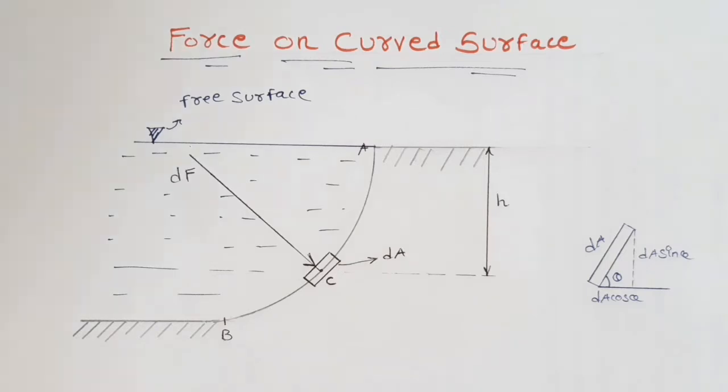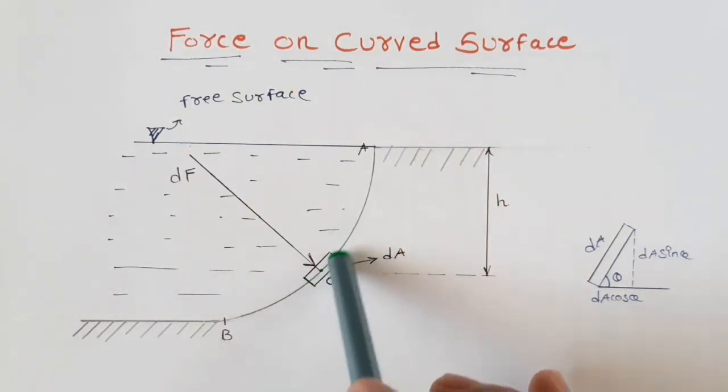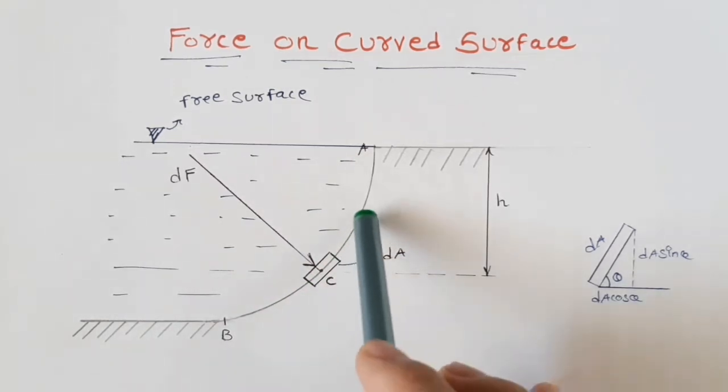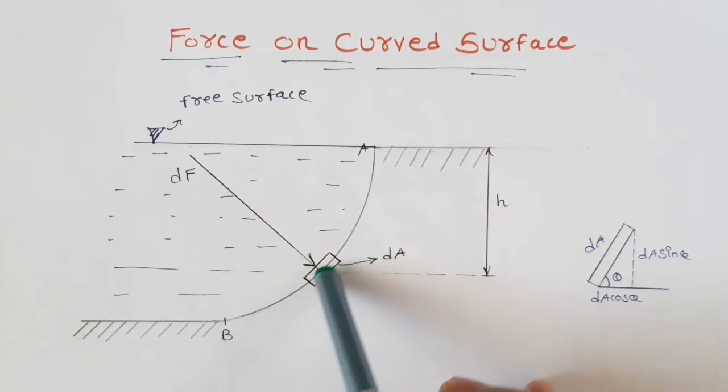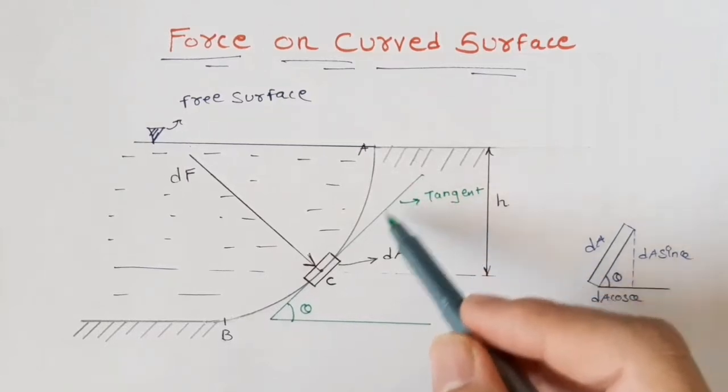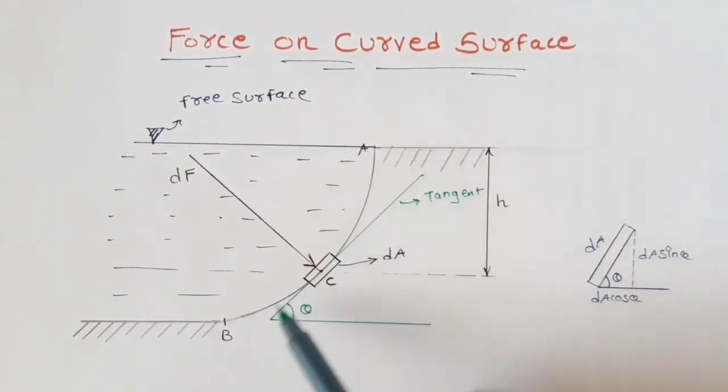Now we want to know at what angle this curved surface is inclined to the horizontal. For that we have to draw a tangent which passes through the point C. This tangent makes an angle theta with the horizontal.